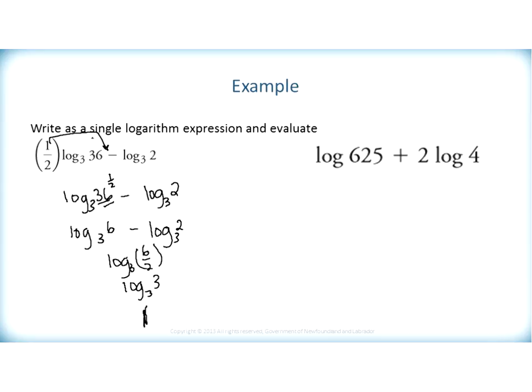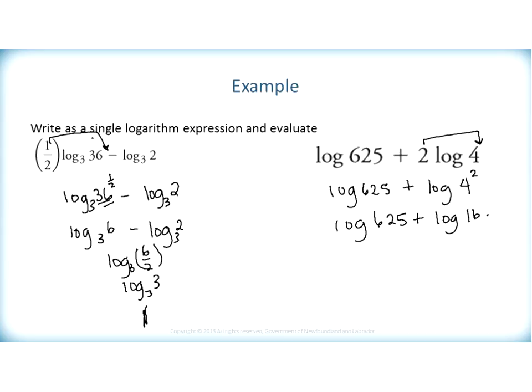When we look at the next one, we're going to use the power law here again. Log of 625 plus log of 4 squared gives us log of 625 plus log of 16. We can do this one on the calculator since it is base 10, but let's continue using our laws. It says write as a single logarithmic expression and then evaluate.